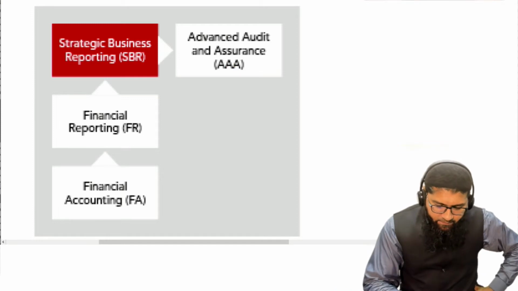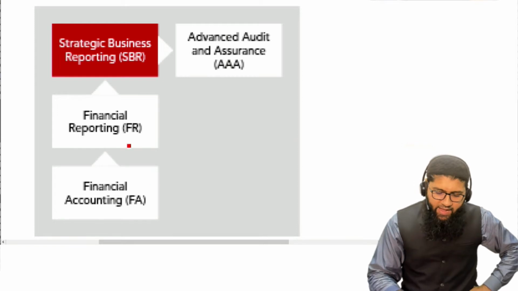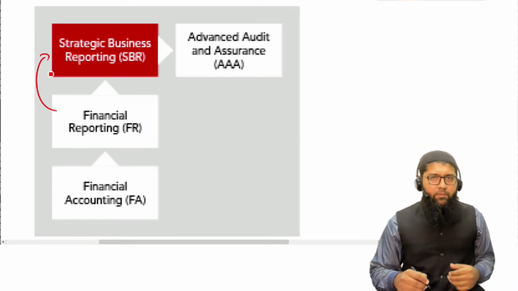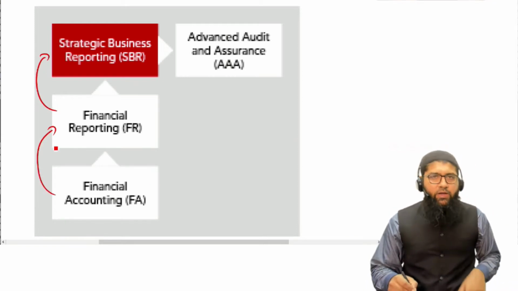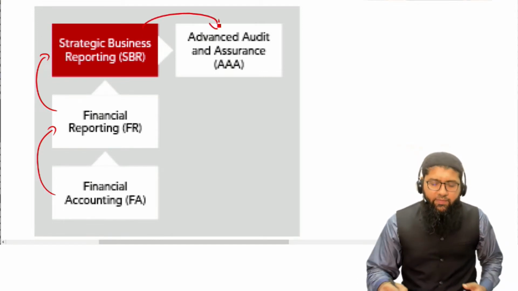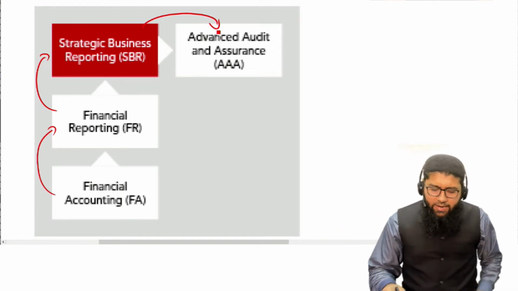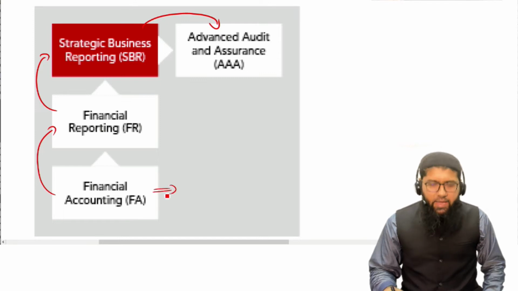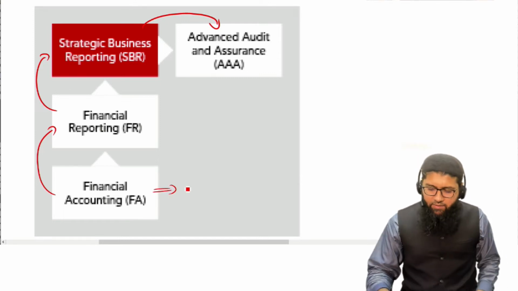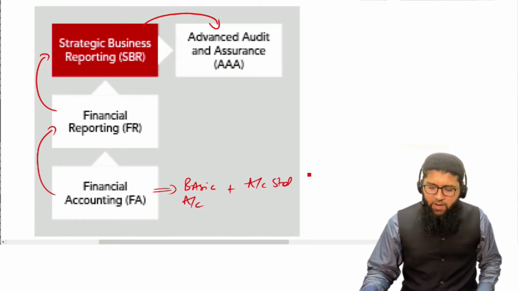So you could see that this paper of SBR, the Strategic Business Reporting, has a connection with the financial reporting paper. And obviously the financial accounting paper had a connection with the financial reporting. And ultimately this connection goes on to the AAA paper also. Let me just explain: at the financial accounting level, we discuss basic accounting plus some of the accounting standards plus some of the consolidation.